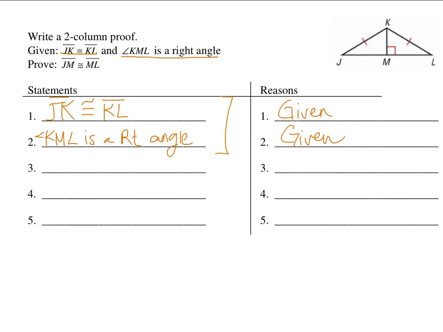Next, we want to look for anything else in our picture that will show us that different pieces are congruent. Again, we have the side that they share in the middle, so KM is congruent to KM, and because it's the exact same, it's the reflexive property again. Now we have a right triangle and we have one set of sides and another set of sides.